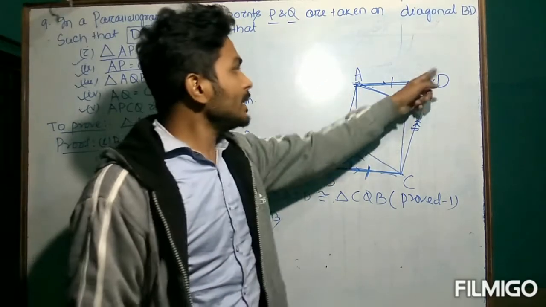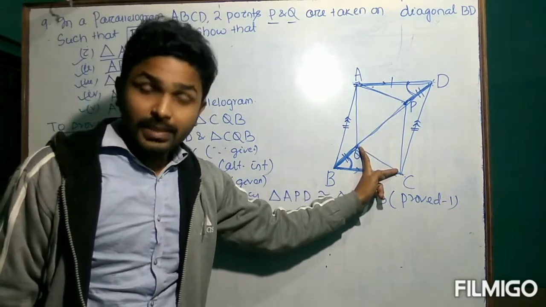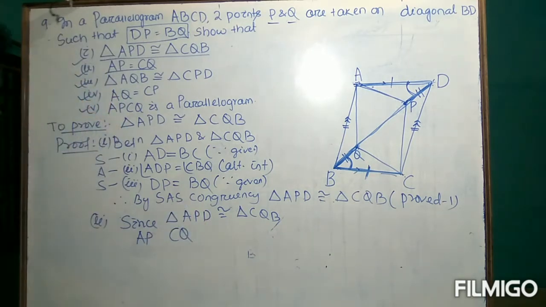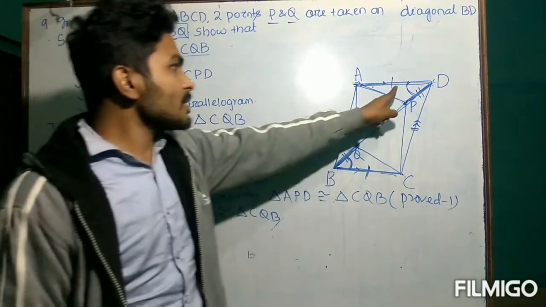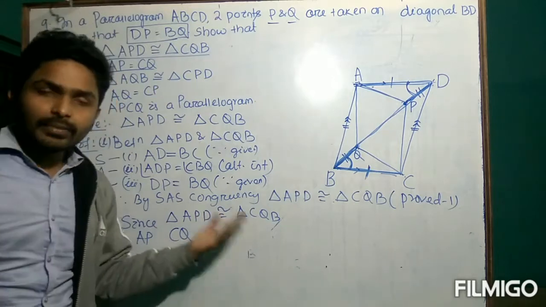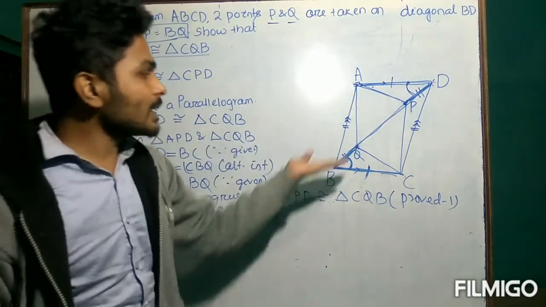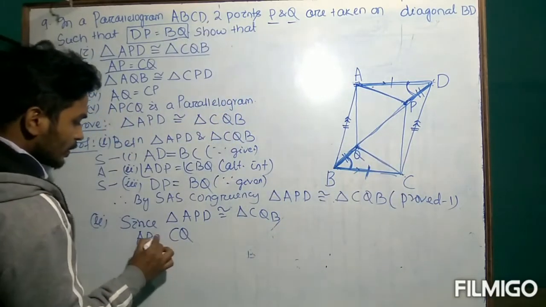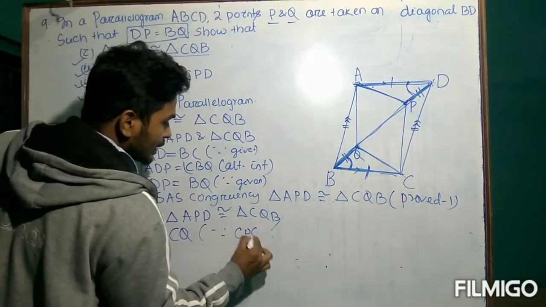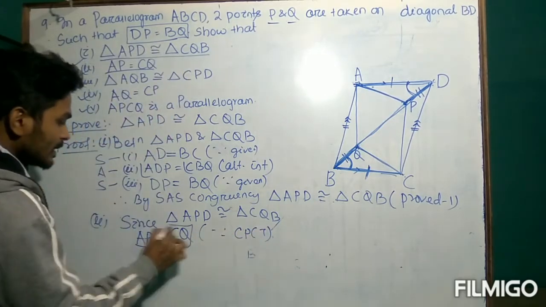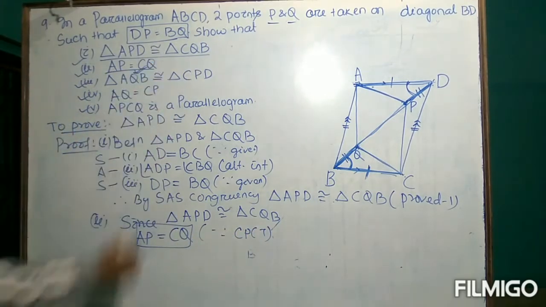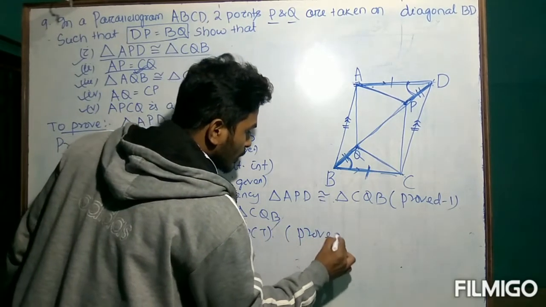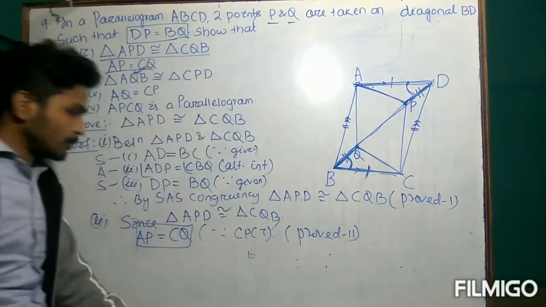Of triangle APD. Similarly, CQ is a side of triangle CQB. But we know these two triangles are congruent, and if any two triangles are congruent, then their corresponding sides must be equal. So you can write AP is equal to CQ, by CPCT. This is the second statement that we had to prove, and we have proved it. So this is the proof for statement number 2.